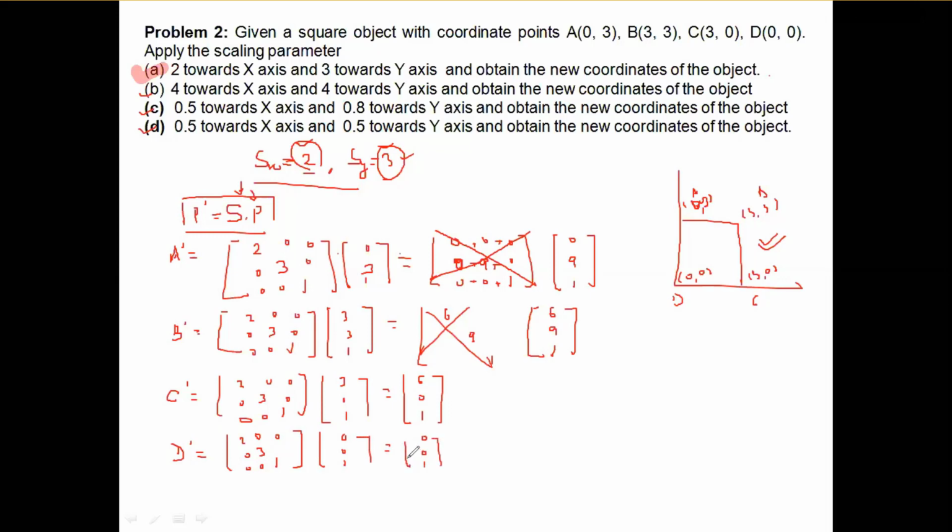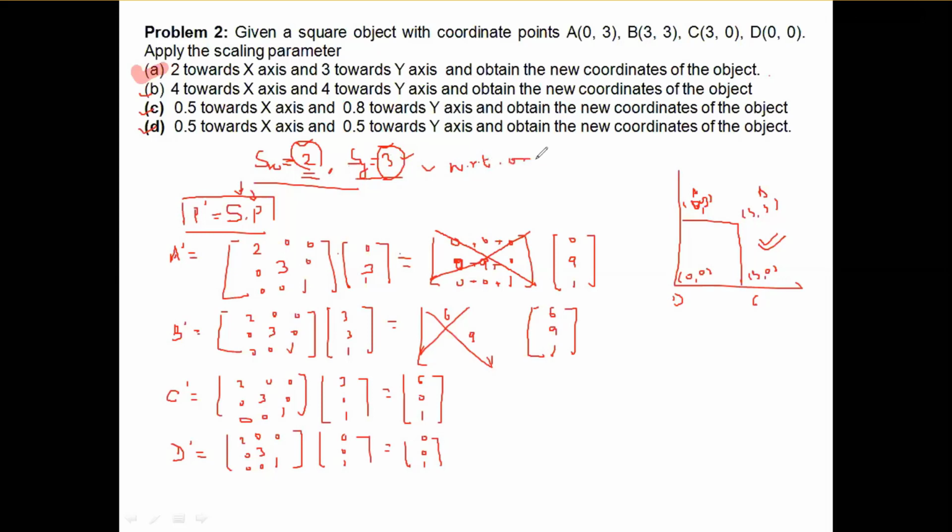So I told you that the values of sx and sy are greater than 1, so the enlargement of the object will take place with respect to the origin.